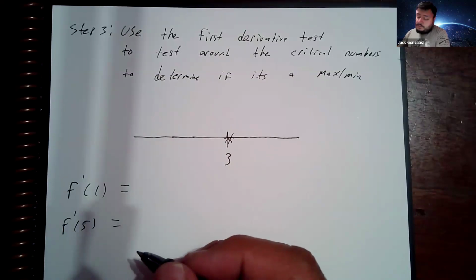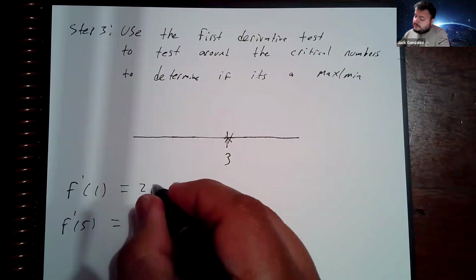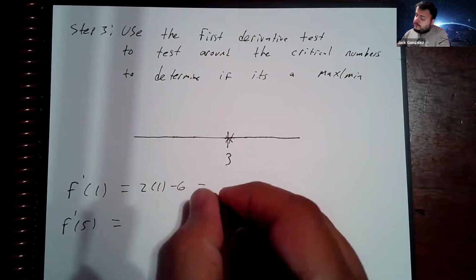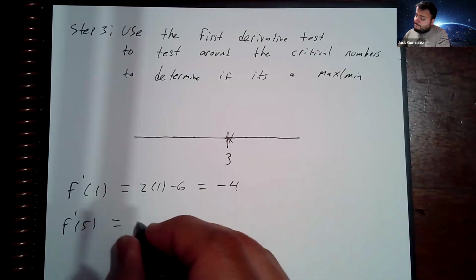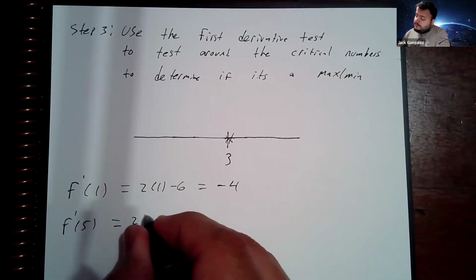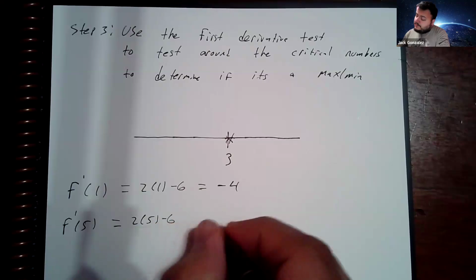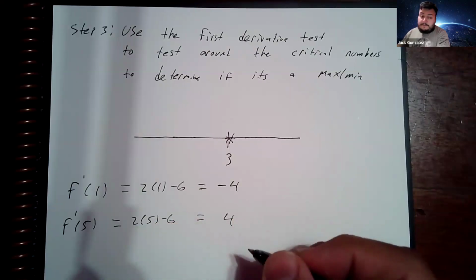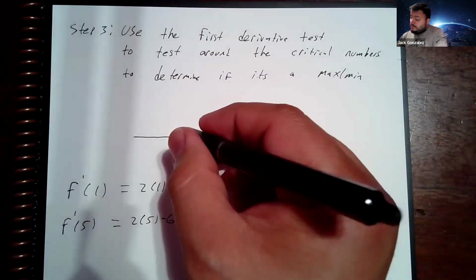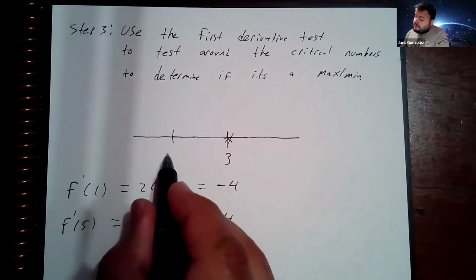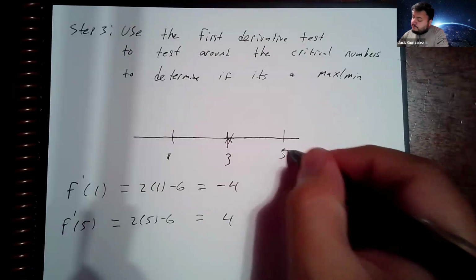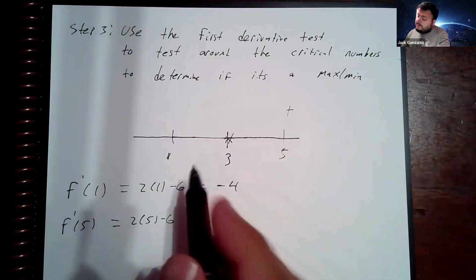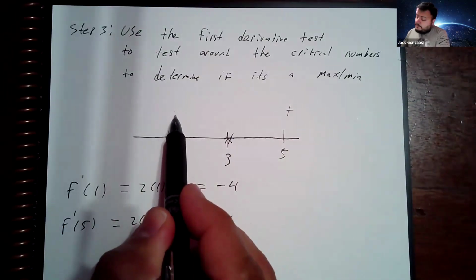So the derivative was 2x minus 6. At 1 that'll be negative 4. At 5 it's 2 times 5 minus 6, positive 4. So here are the points that we chose. Over here we're positive. Over here we're minus.